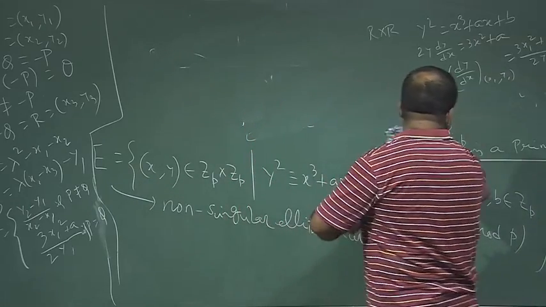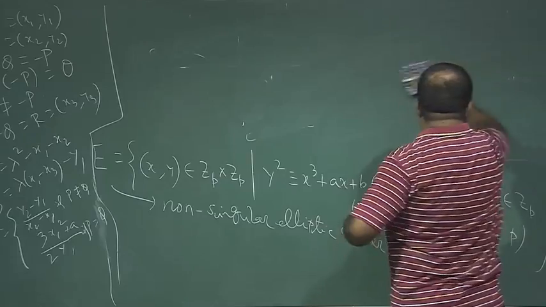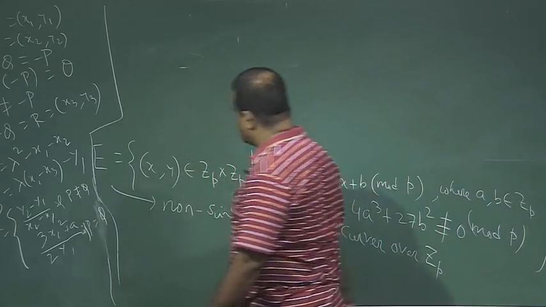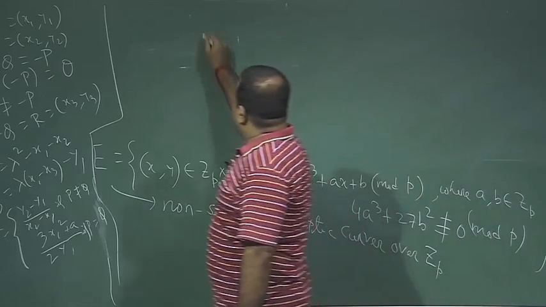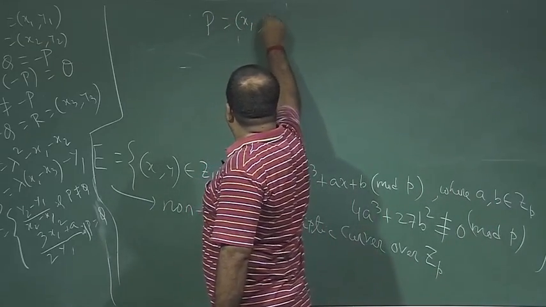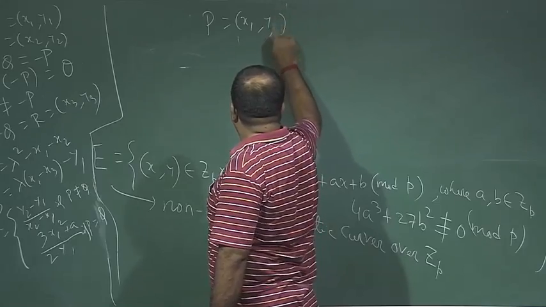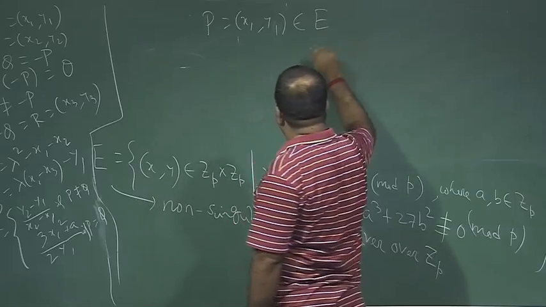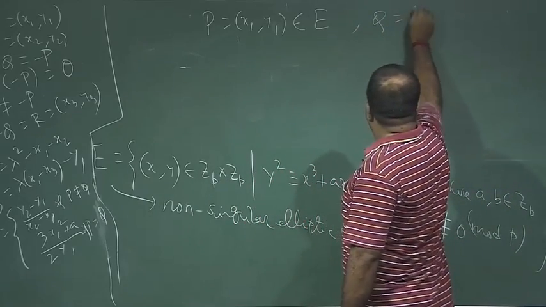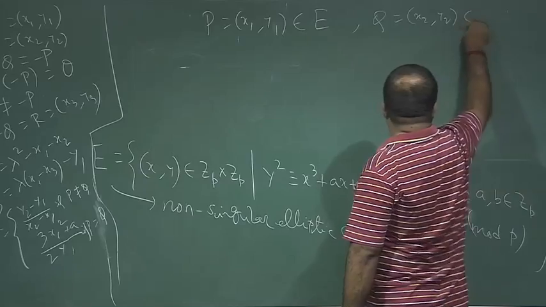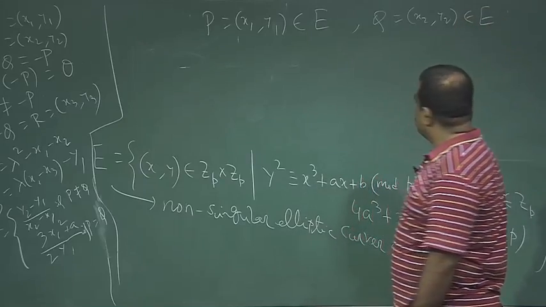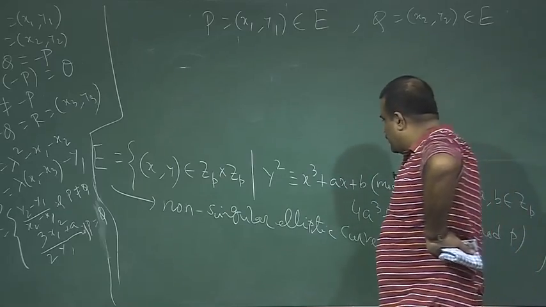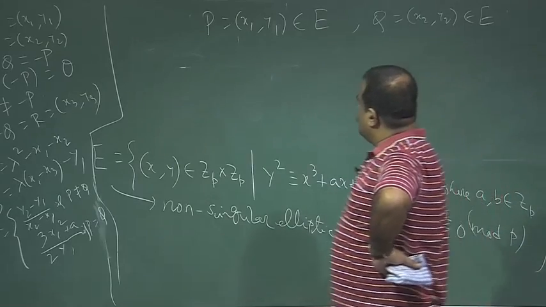So, if you take two points P and Q, P is (x1, y1), which is basically from E, and Q is also (x2, y2), which is basically from E. Now, these x1, y1, x2, y2 are basically coming from Zp. Okay. So, then we define this addition.